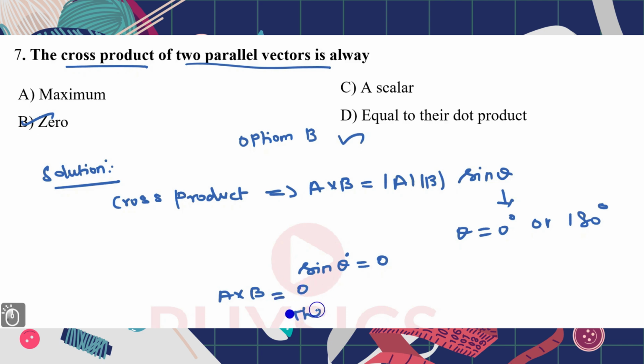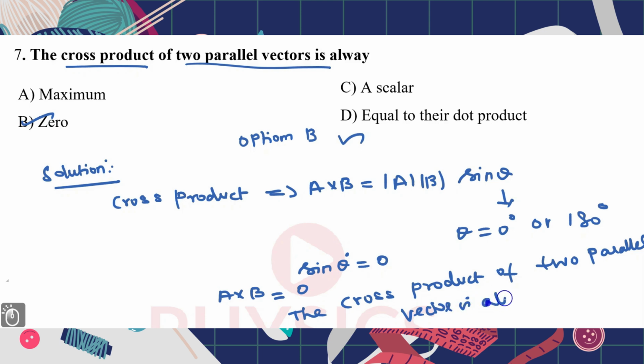So the cross product of two parallel vectors is always 0. Okay, so these are the most important.